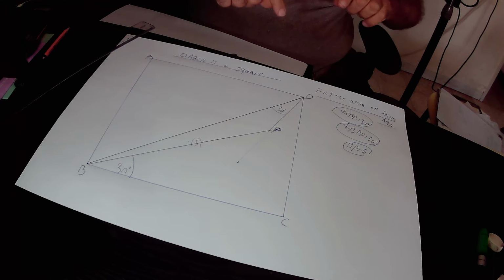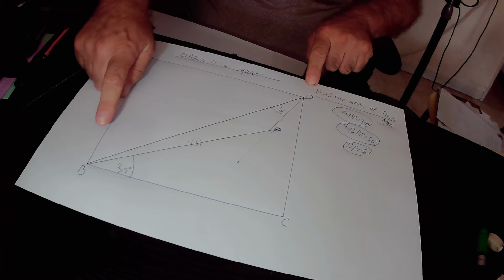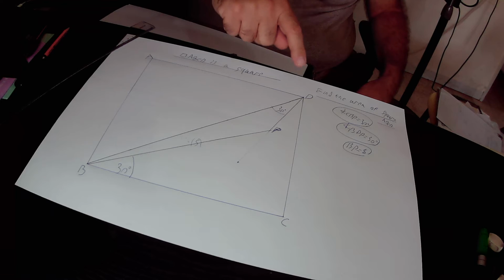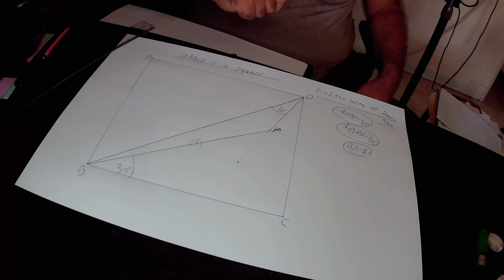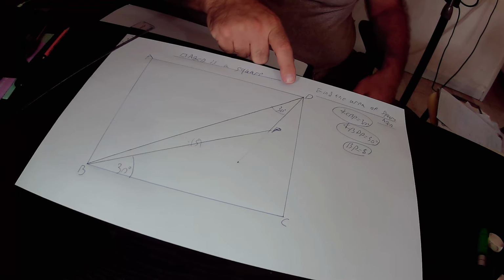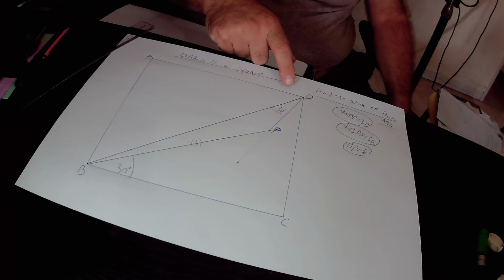So, first of all, we know that DB is the diagonal of this square. Therefore, it bisects those two angles into two halves. One angle of this square is 90 degrees, and therefore it bisects the angles of square ABCD into two halves.